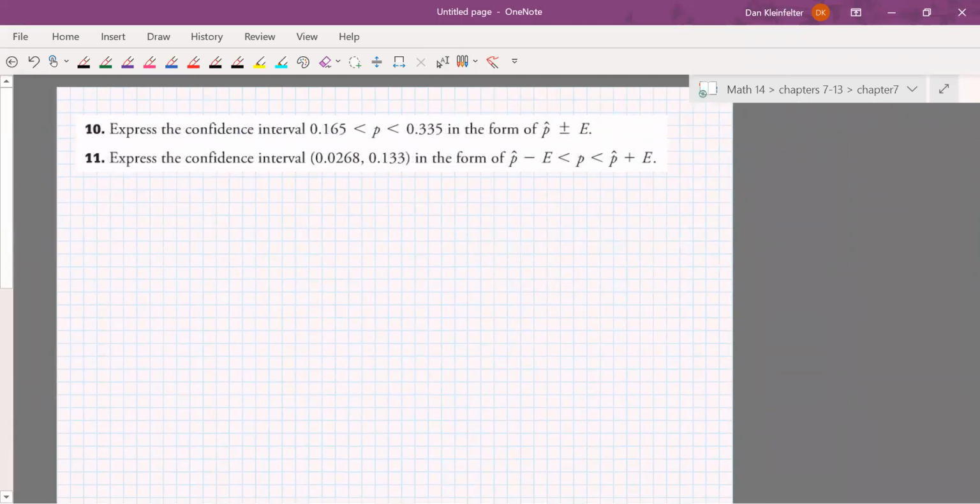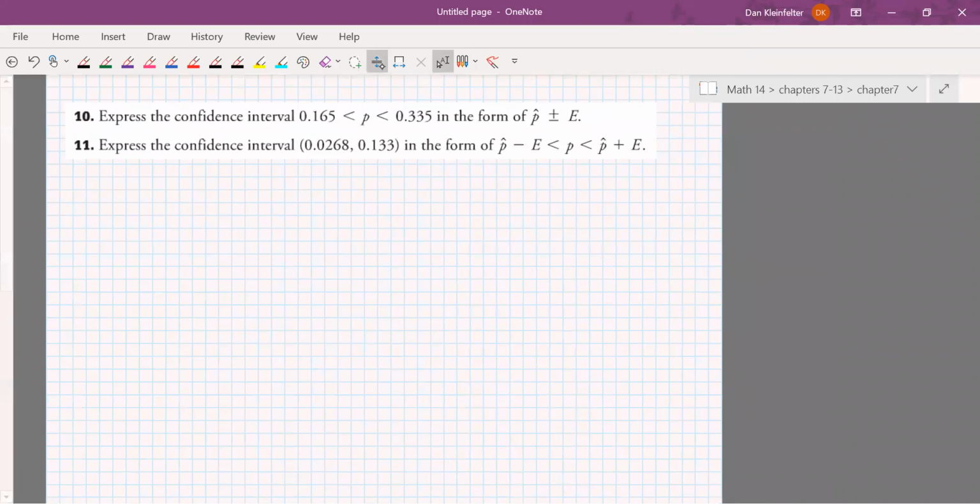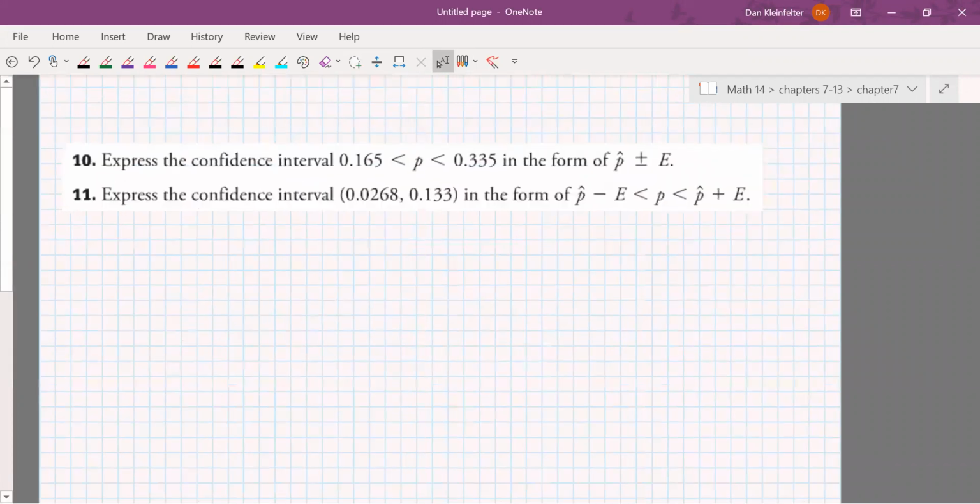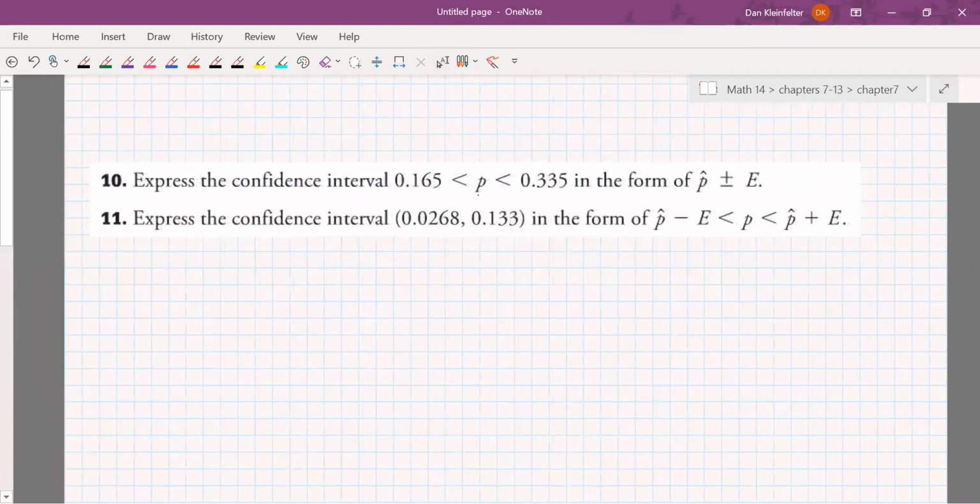Remember that confidence intervals are centered at P hat. So we need to figure out where the middle of the interval 0.165 up to 0.335 is. We'll find the mean, and that will tell us where the middle of the interval is. That has to be where our P hat is.